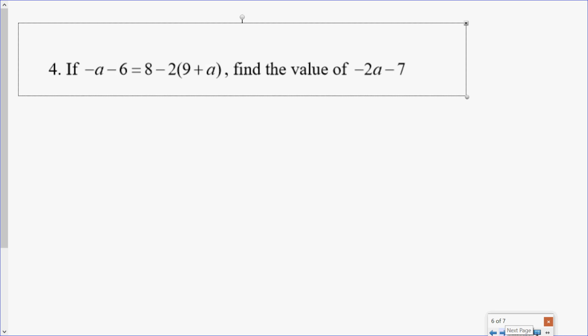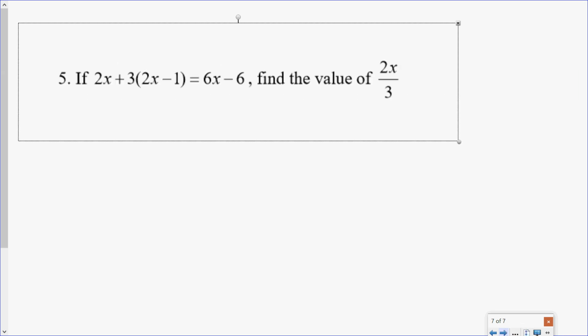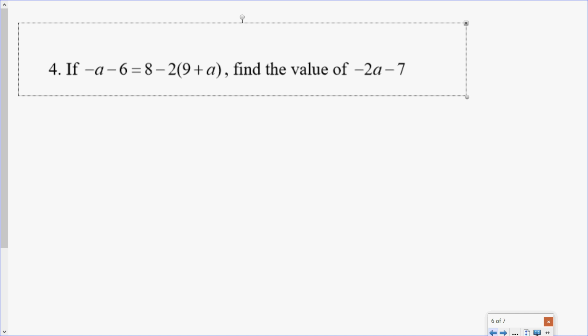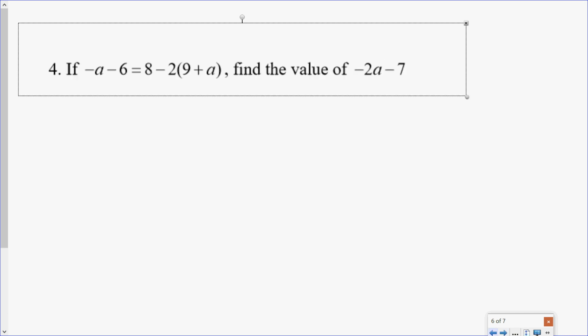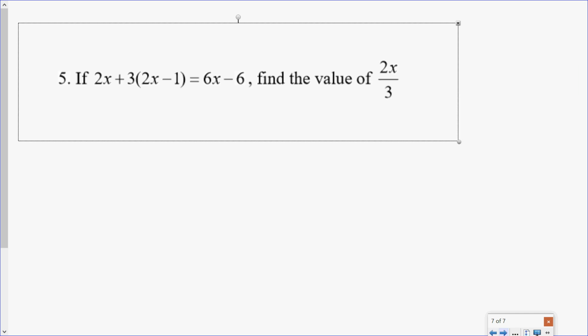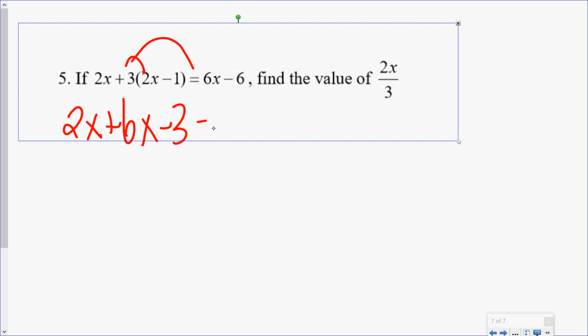Let's jump to a more complicated one. Let's do the last one, number 5. If 2x plus blah blah blah, find the value of blah blah blah. Fractions, no. Parentheses, yes. I'm going to distribute. I get 2x plus 6x minus 3 equals 6x minus 6.